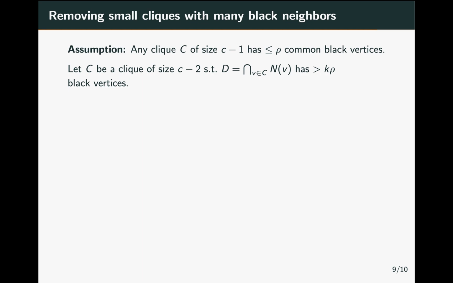Suppose there is no clique of size c-1 that has a lot of black common neighbors. Now let us consider a clique C of size c-2 such that in the common neighborhood there are more than k times rho vertices. I claim that such a clique is reducible.